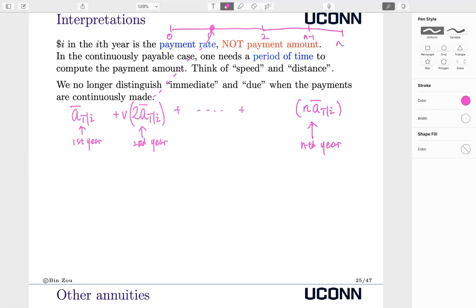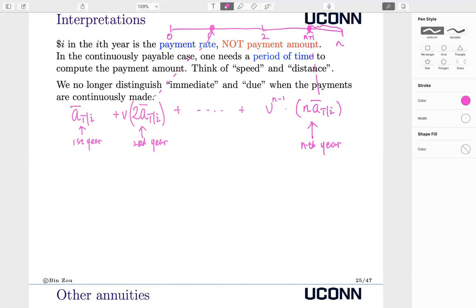The last payment is over this year, continuously from n-1 to n. So this point is the starting point of the nth year. This is where I get my present value. So in order to go from point n-1 to 0, I will need to multiply by this discounting factor, right?